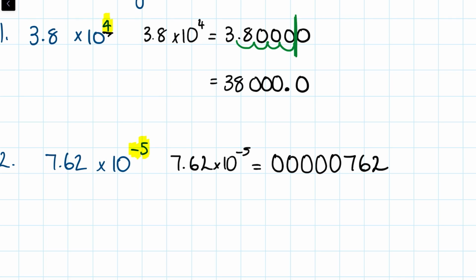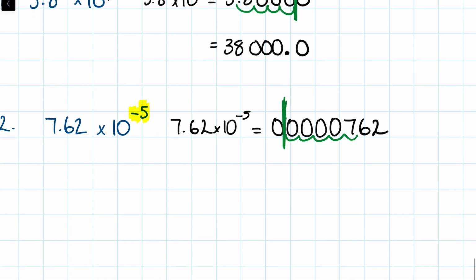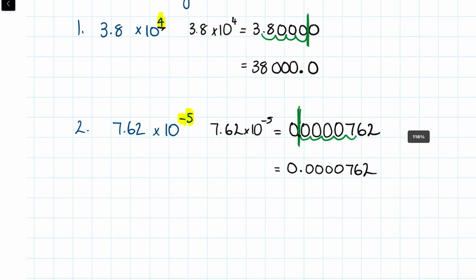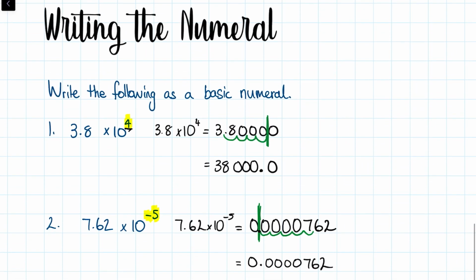And I have to move the decimal, which is here, 5 places back. 1, 2, 3, 4, 5. This is where I want the decimal to be. So now I write it. Just cleaning that up, 0.00000762.